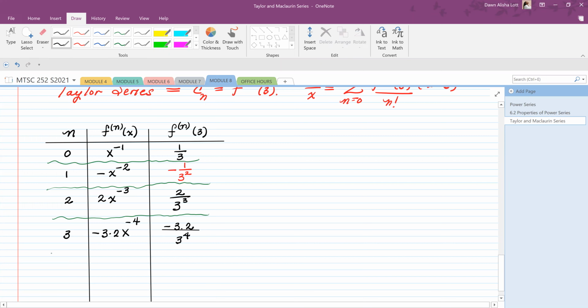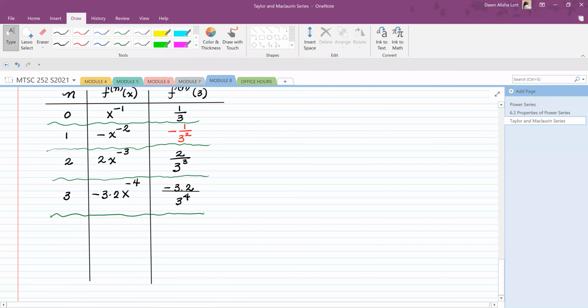Again, notice I am not multiplying anything out, because if I multiply anything out, I'm going to miss it. I still haven't figured out the formula yet, not quite. So when I do the fourth derivative, now I'm going to get a positive 4 times 3 times 2. That's looking like a factorial to me. So now I'm going to get 4 times 3 times 2, and then, of course, times 1. We don't have to write the times 1, but this is over 3 to the 5th.